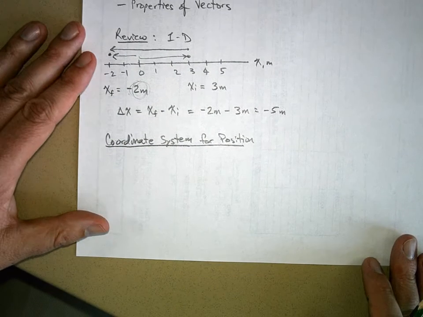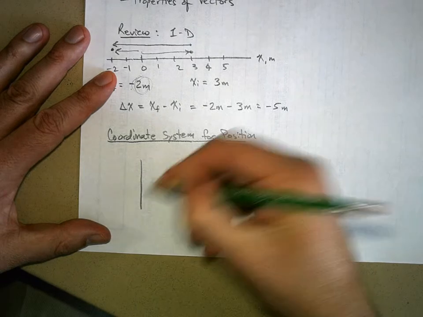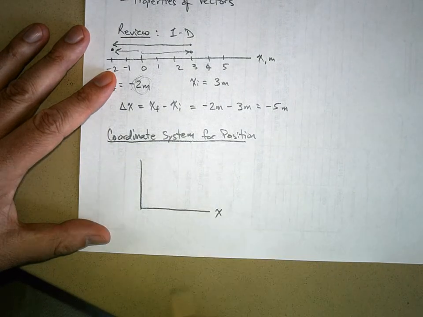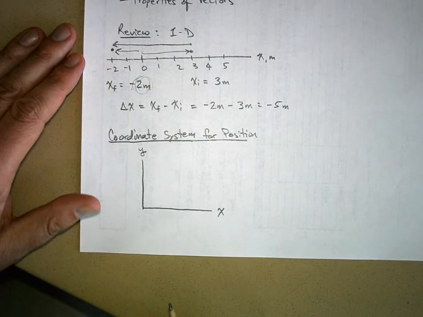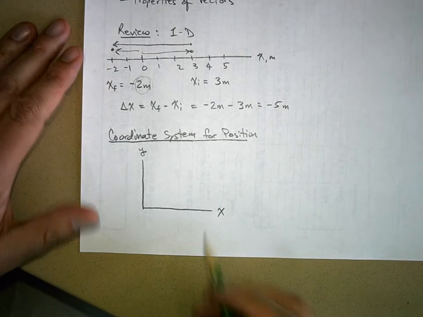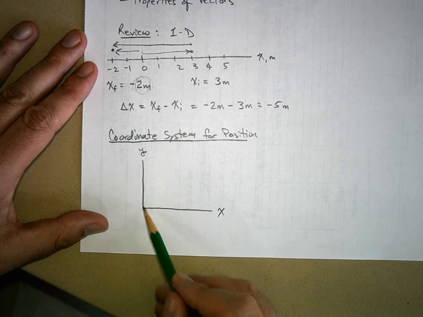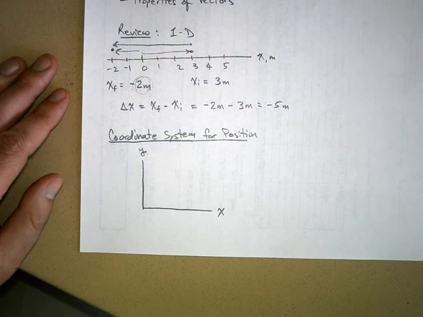If an object is located in a two-dimensional space, we need two axes. It's traditional to call this the x-axis and this the y-axis, at least in physics. Quite often when you draw it like this, this will be x and this will be z, and then y comes out. It all depends on the book you're using and who the author is, but this is what we're going to do in physics.